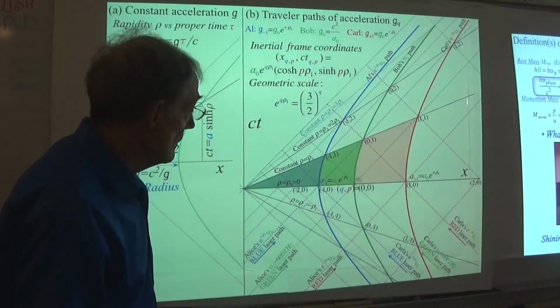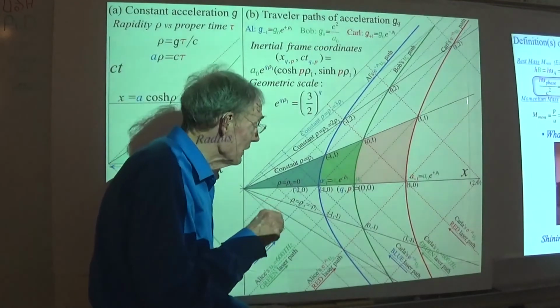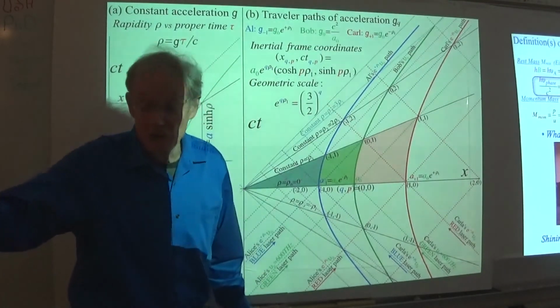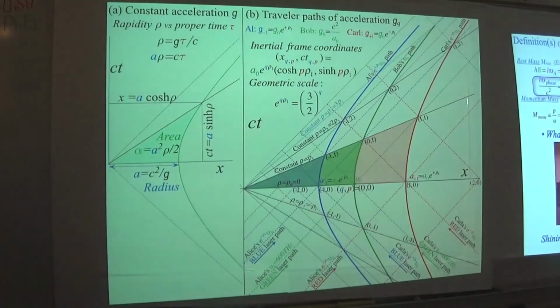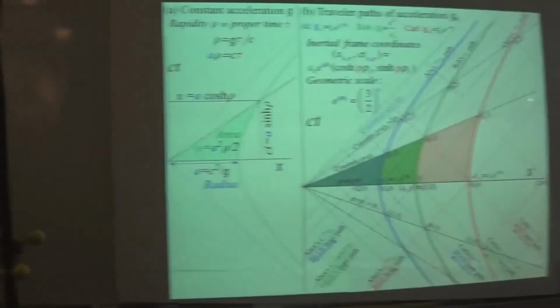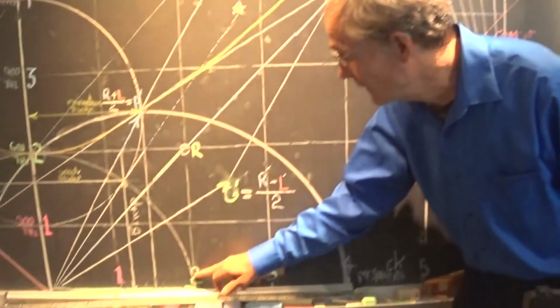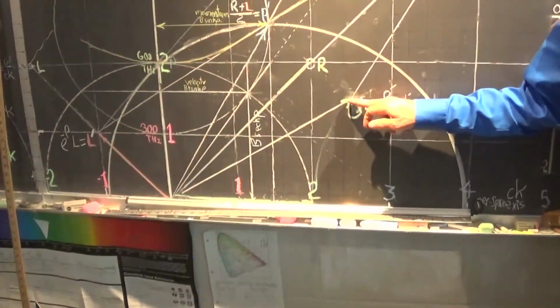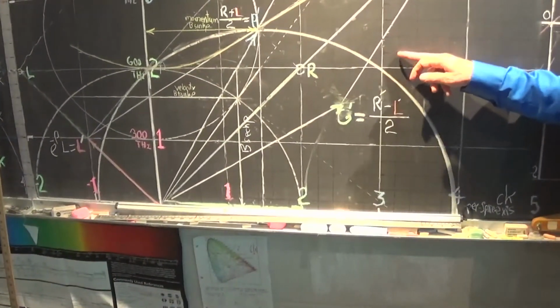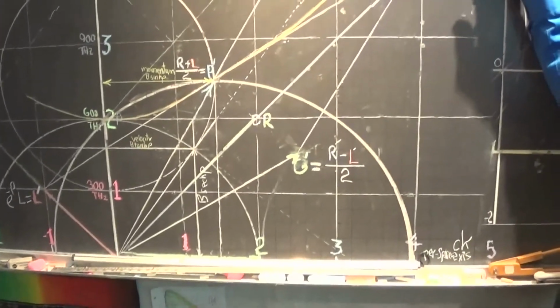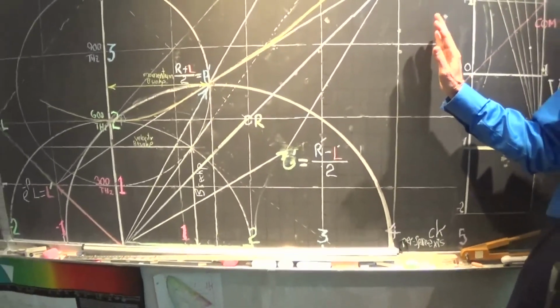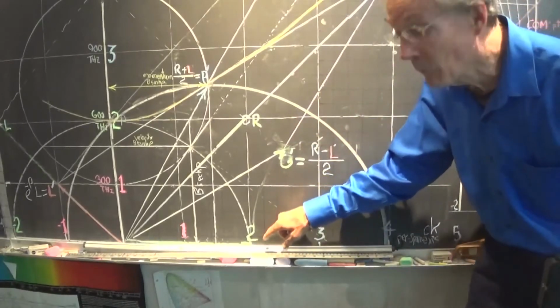Not to put too much on this, the hyperbolas we still haven't drawn, and I'm not requiring you to do it, but coming out of this 2 here is a hyperbola that comes right up through the tip of that and goes off and asymptotically approaches the light cone from the bottom. So that hyperbola is the momentum hyperbola.